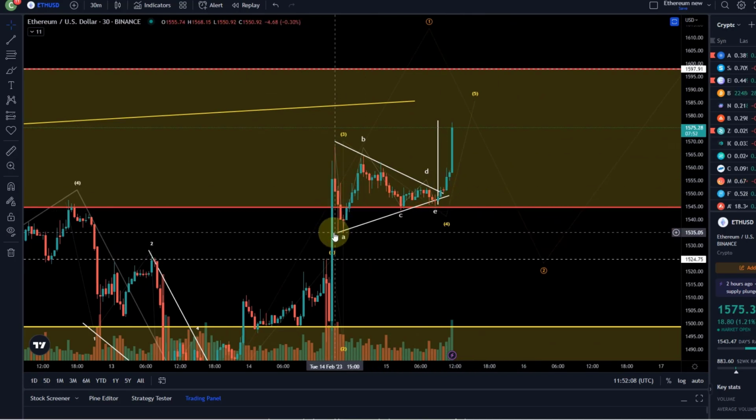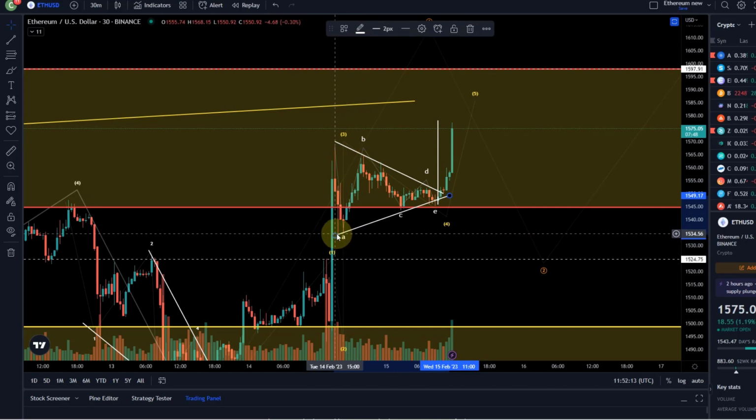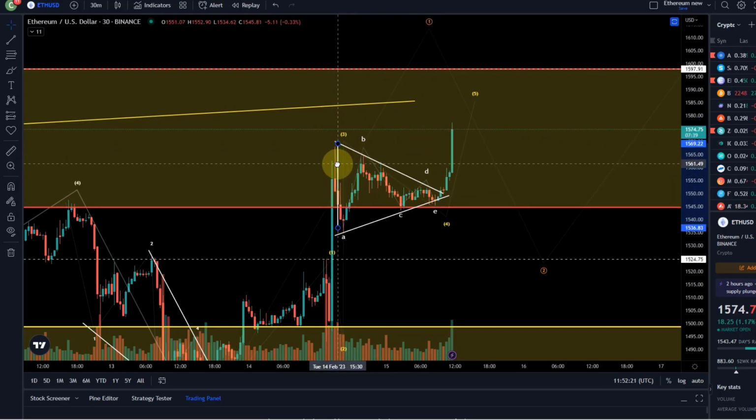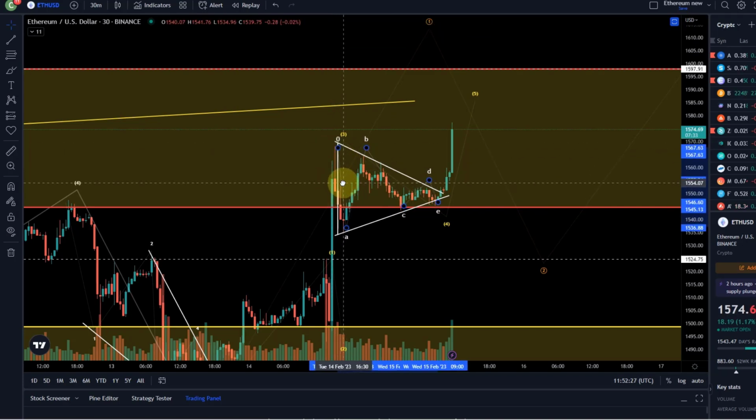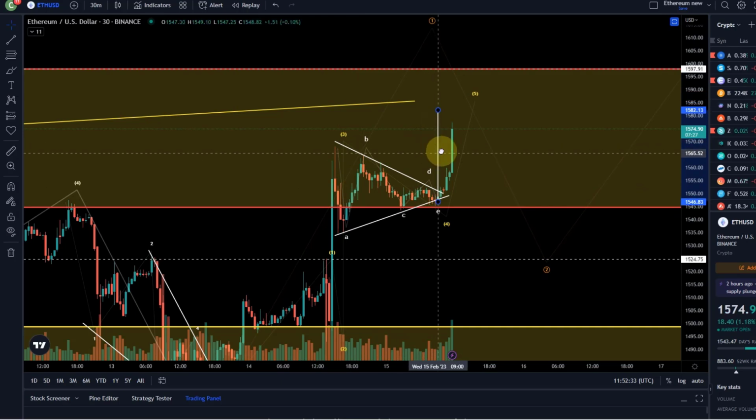Because the way you calculate the target is, first of all, you define the wave count of the triangle. You connect the A and the C line and the B and the D line. You extend them out to the beginning of the triangle. You take the height, the vertical line at the beginning of the triangle, and then you take that length, the height, and you add it to the low of the E wave.